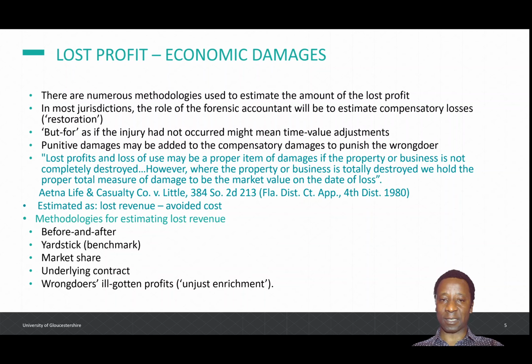You may have to look at historical data. So look at some prior year performances. You may sometimes also look at benchmarks or average performance in the industry. You may, if you have reliable data, also look at the market share that the firm had before and after. Sometimes there are some very specific or unique contracts that the firm was going to rely on to generate income.